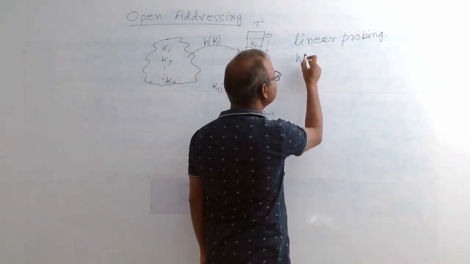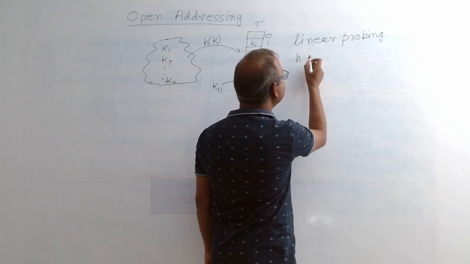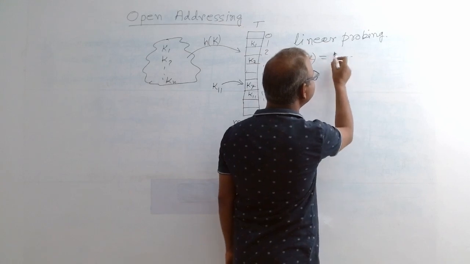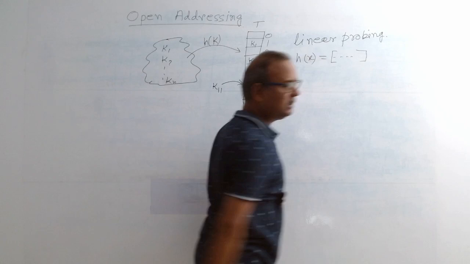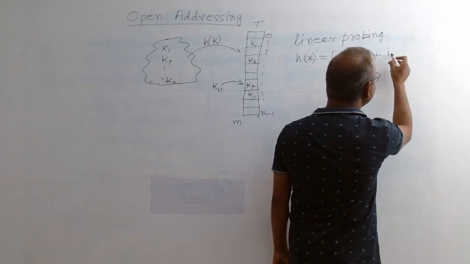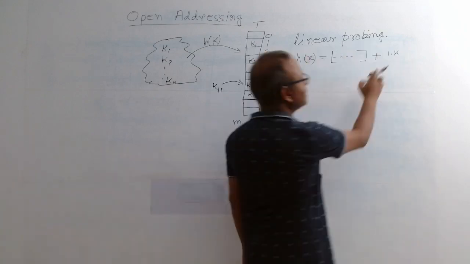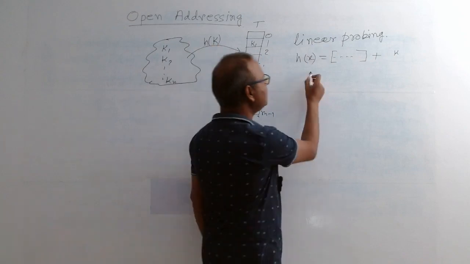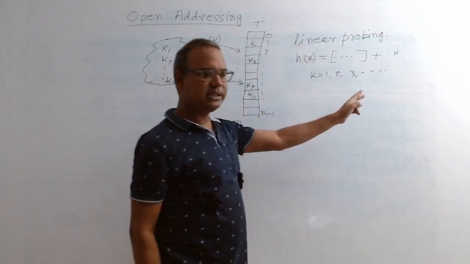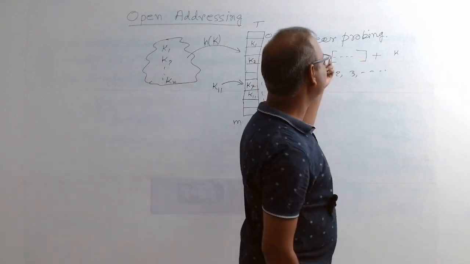Linear probing. What we do is we write h(x, k) equal to a function, whatever function we have defined, plus k, where k equals 1, 2, 3, in this way.